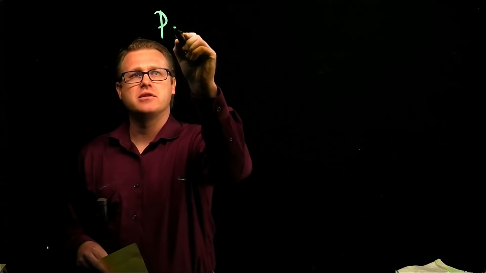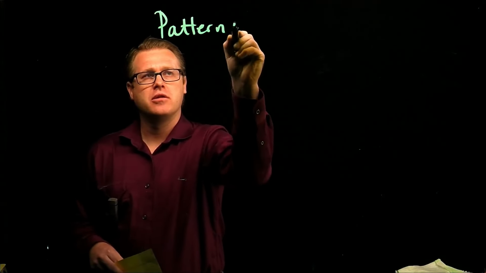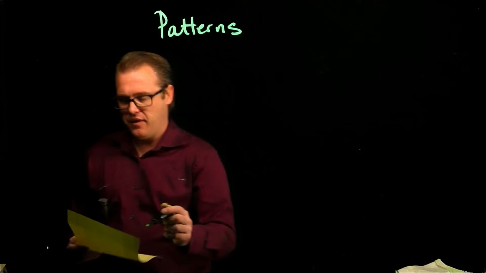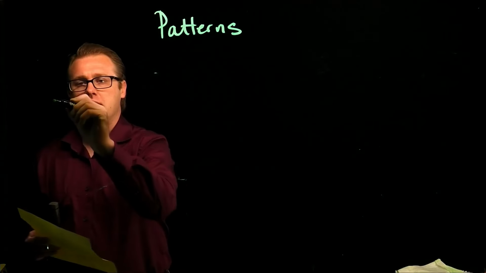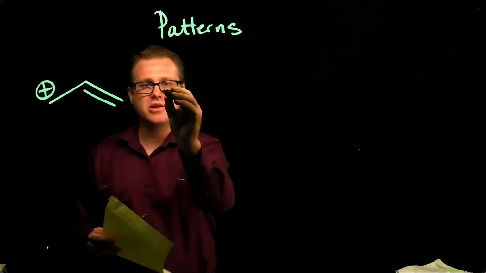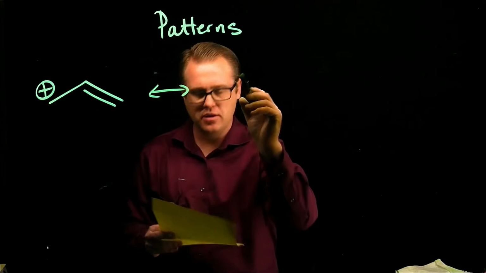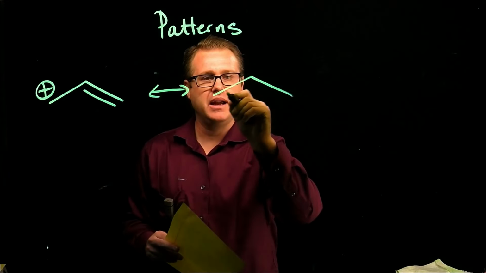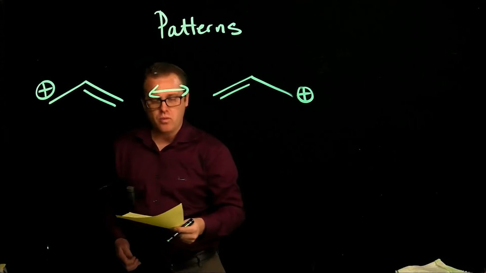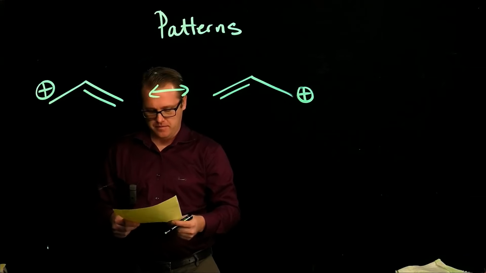Another way of looking at it is patterns. Looking at some patterns for resonance structures. The first one that we saw was the allylic one. And this is going to have a resonance structure like what we've seen already, right? So what pattern do we see here?